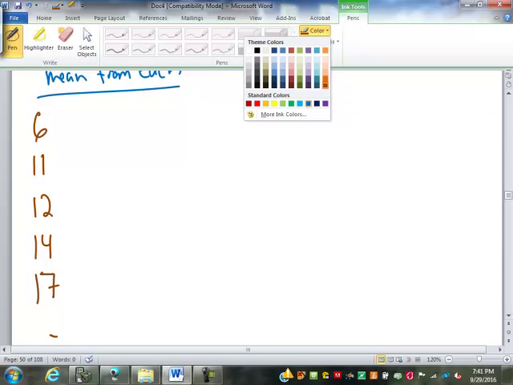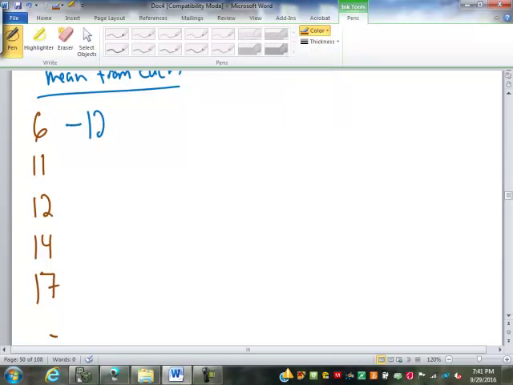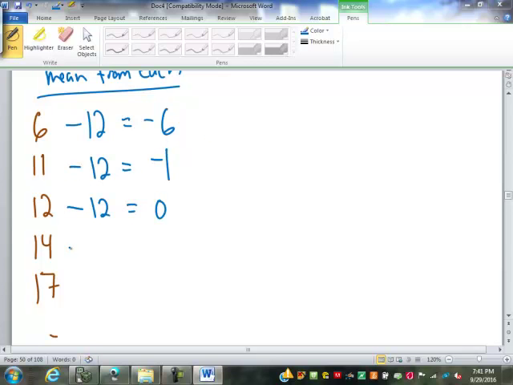And we are going to subtract that mean of 12 from each number. What's 6 minus 12? It's negative 6. 11 minus 12, negative 1. 12 minus 12, 0. 14 minus 12, 2. And 17 minus 12, 5.